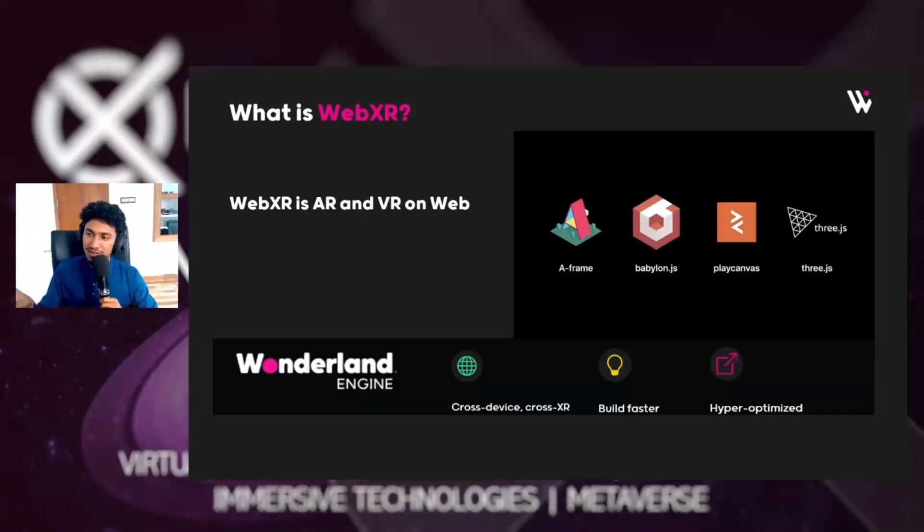But with all of these, you need to write code, despite the difference in their simplicity. If you want an editor kind of setup, you could try Babylon.js or PlayCanvas, which are also pretty good solutions.